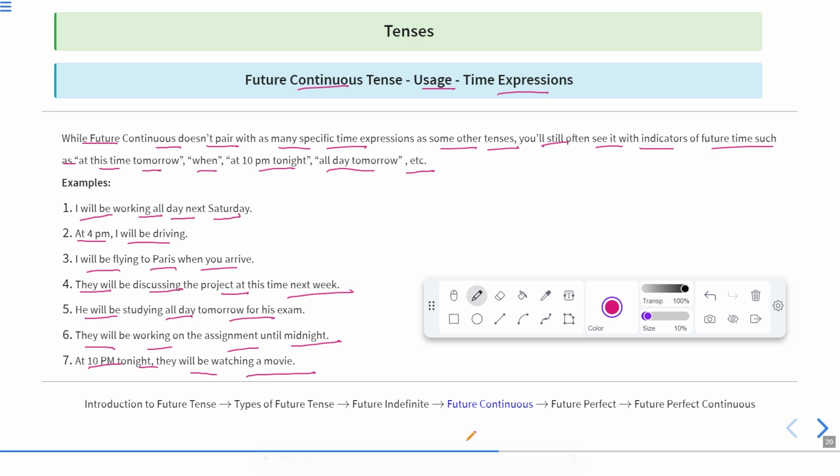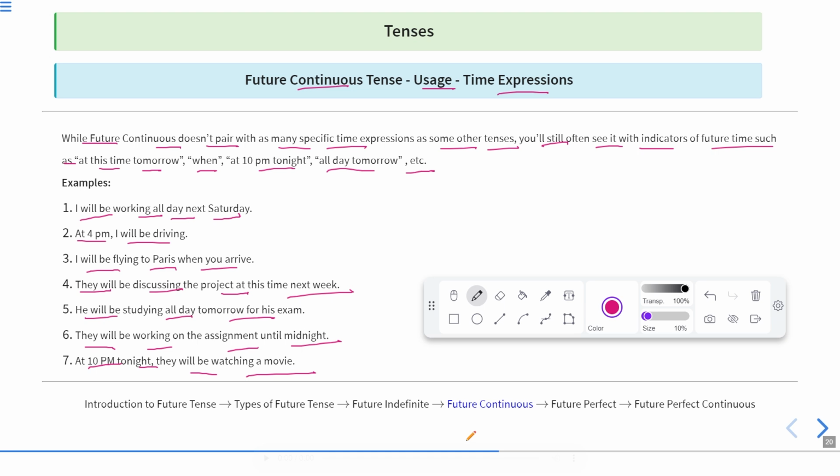One more thing is there: when we make the passive voice of some sentences or tenses, this future continuous tense cannot be converted into passive voice. However, all other tenses can be converted into passive voice, but not future continuous tense.